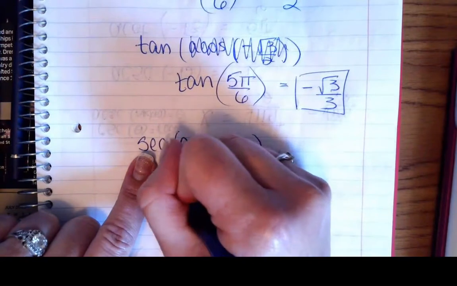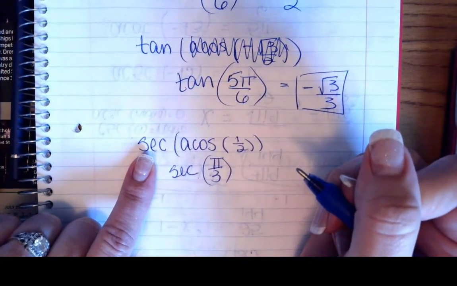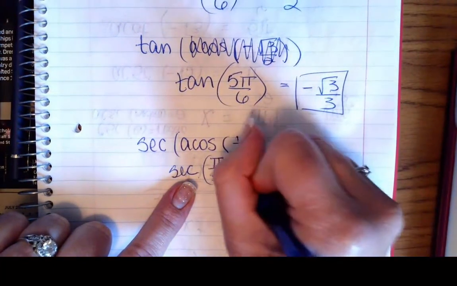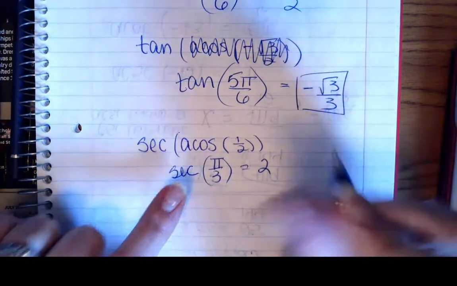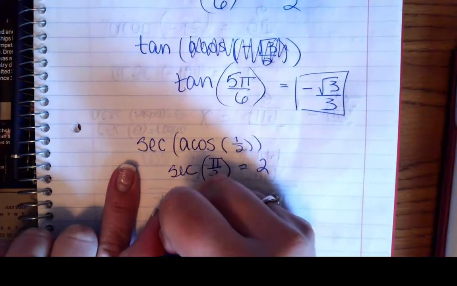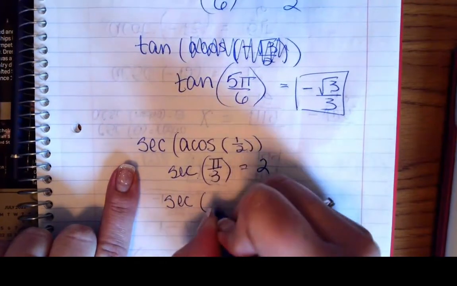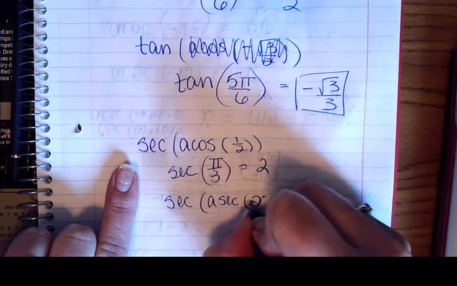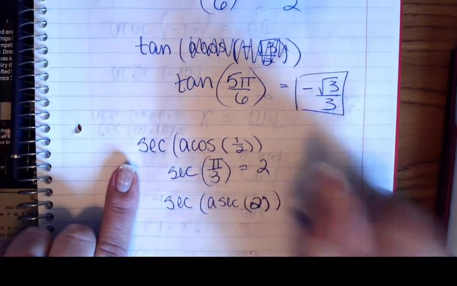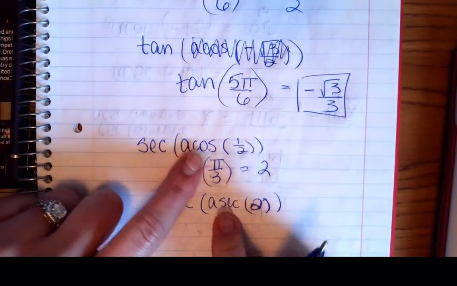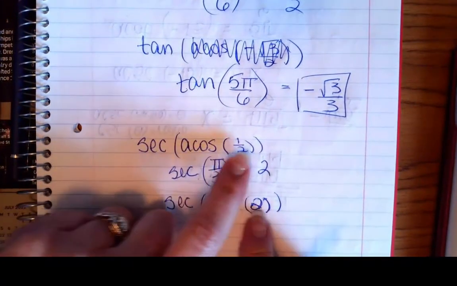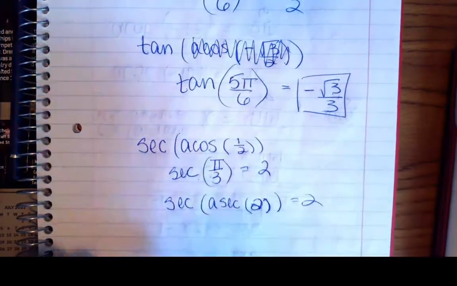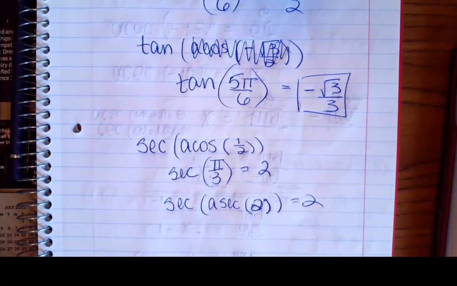What is the secant of pi over 3? The secant is the reciprocal of cosine. So if cosine is 1/2 there, then secant would be 2. Now I can use this in a different way. What I could say is the secant of the arc secant of 2. I flip this to the reciprocal, and I flip this to the reciprocal. These two things undo themselves, and my answer is 2. So either way, you get an answer of 2.